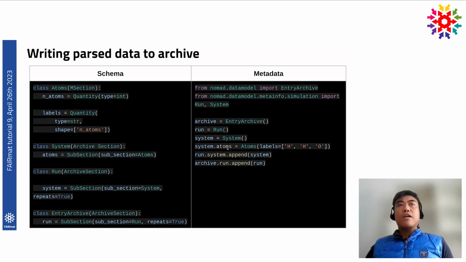We just have to set atoms to be equal to an instance of atoms, and we give the labels as, for example, like this, H H O. And then we don't forget to append the system that we have created here into run.system. And also we have to append the run that we have created here to archive.run. Those two are very important here. If you don't do this, the system and the run are not part of the archive.